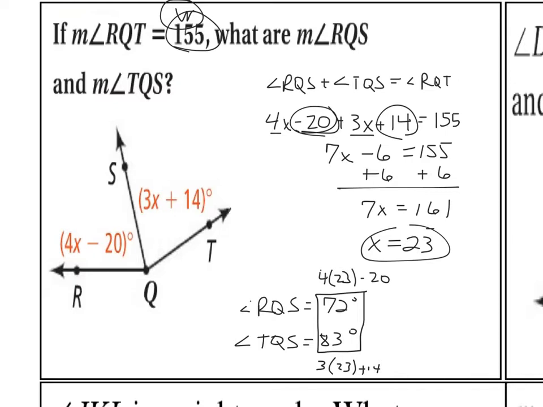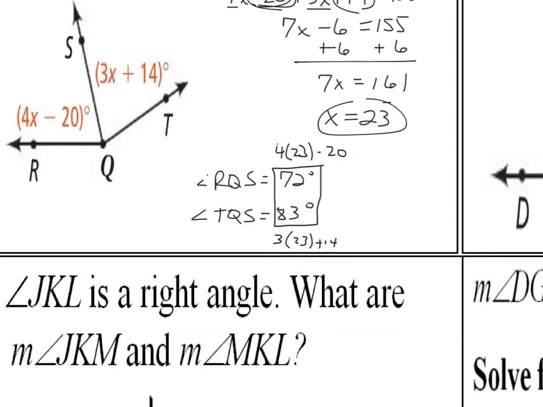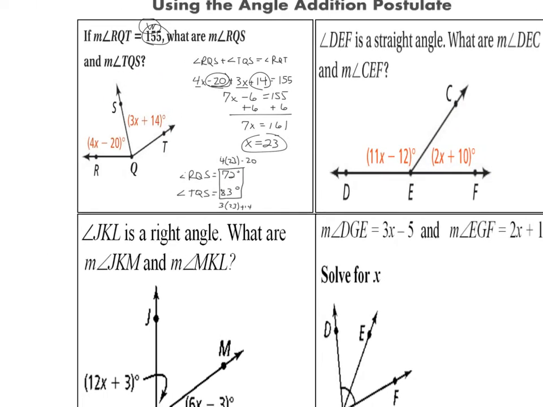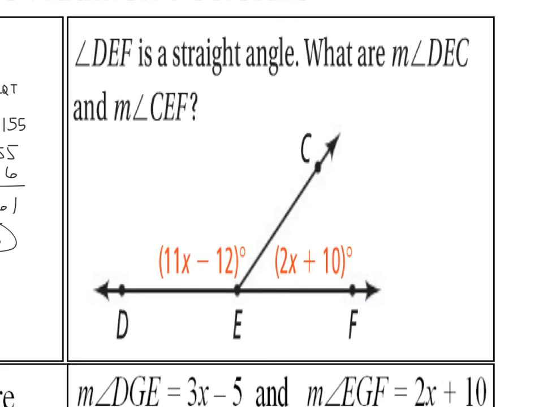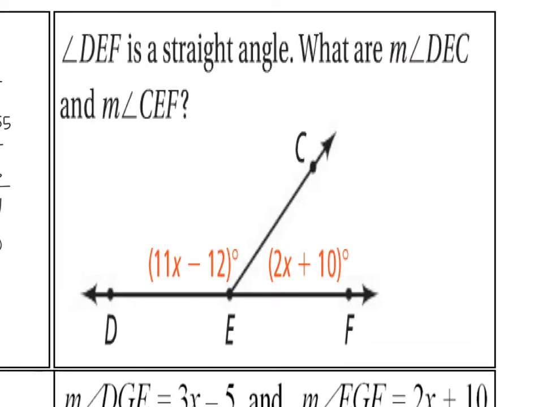Okay? So using the angle addition postulate, one other example I want to look at is the one here to the right. It says here, angle DEF is a straight angle. What are the measures of angle DEC and CEF? Well, again, we're going to go part plus part equals whole.